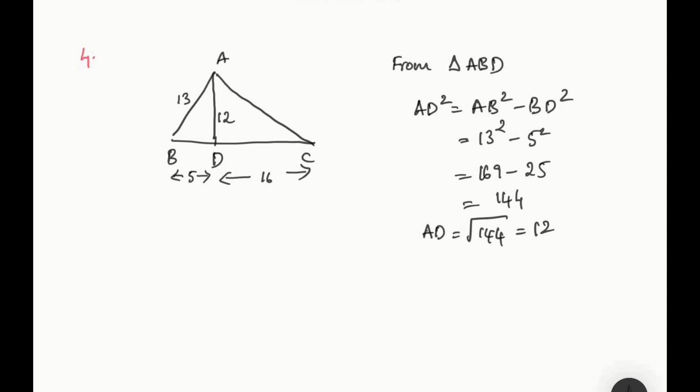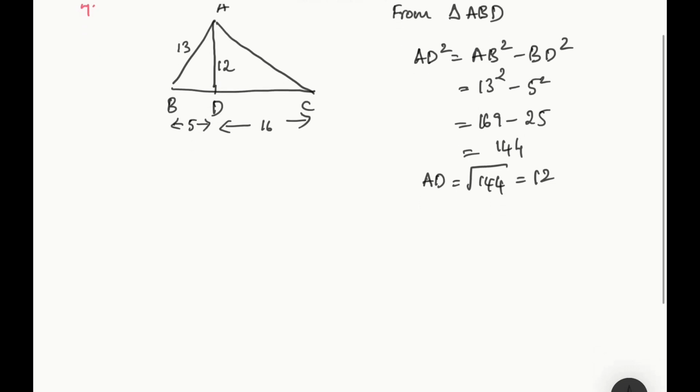So using this AD and DC, you can find the value of AC now. From triangle ADC, AC is the hypotenuse.